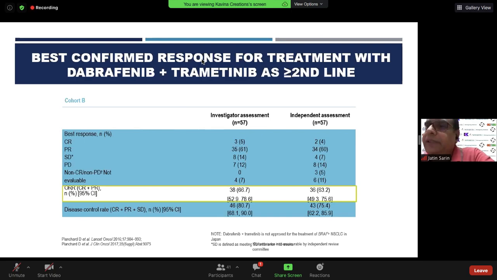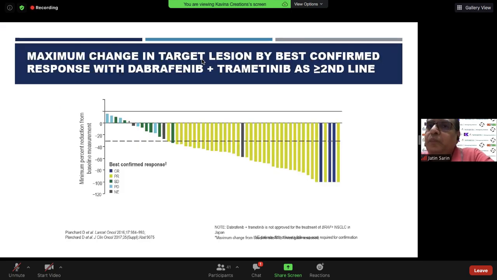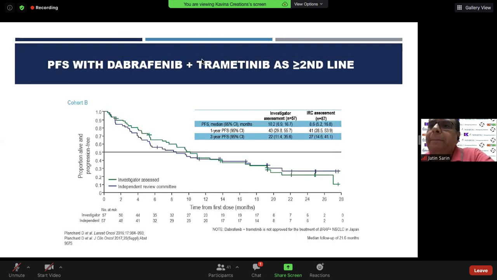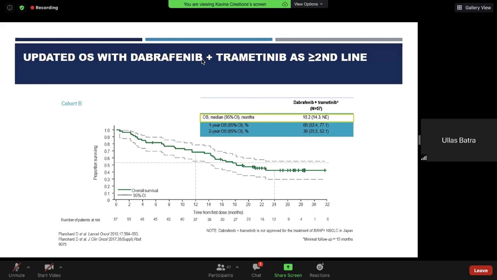Next slide, please. This is the waterfall graph showing the same. Next slide. Next slide. And these are the 1 year and 2 year overall survivals when we use dabrafenib and trametinib in second line of therapy or beyond. Next slide.